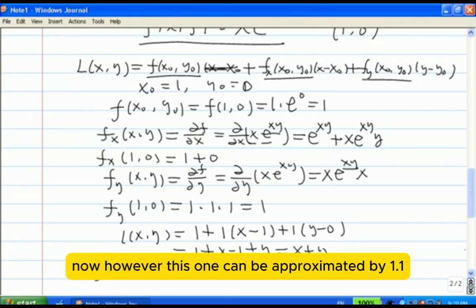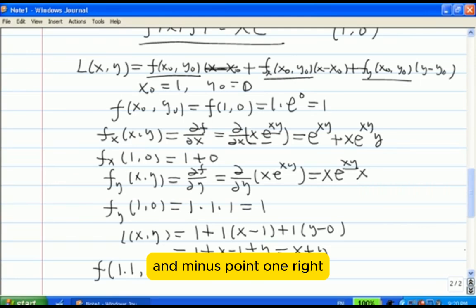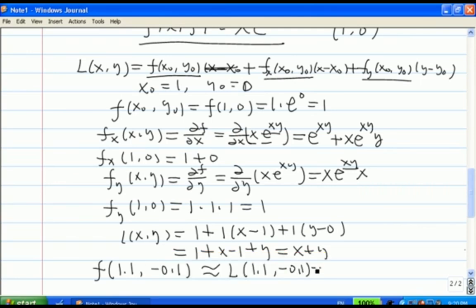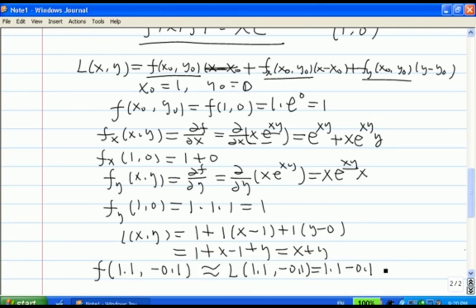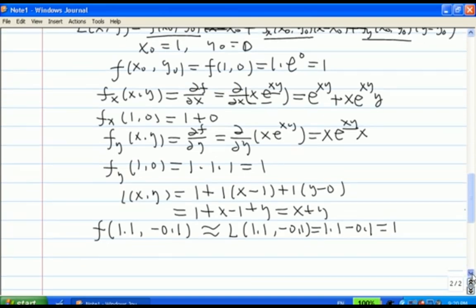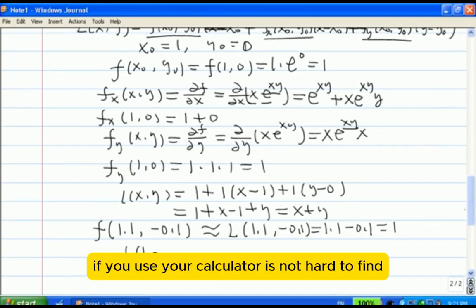Now, however, this one can be approximated by L(1.1, -0.1), right? This one's easy to find. You just plug in there, x is 1.1 plus y, which is minus 0.1. They give you 1. Okay. But this one is not exactly what it is. If you use your calculator, it's not hard to find.